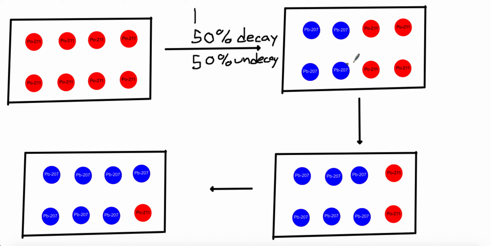Now this new sample, once again, half is going to decay over another half-life. So we have a second half-life. So now that it's decayed, that half of a half is now added. So 75% of the original has now decayed because it is half of that 50% that hasn't. And 25% will still remain undecayed.